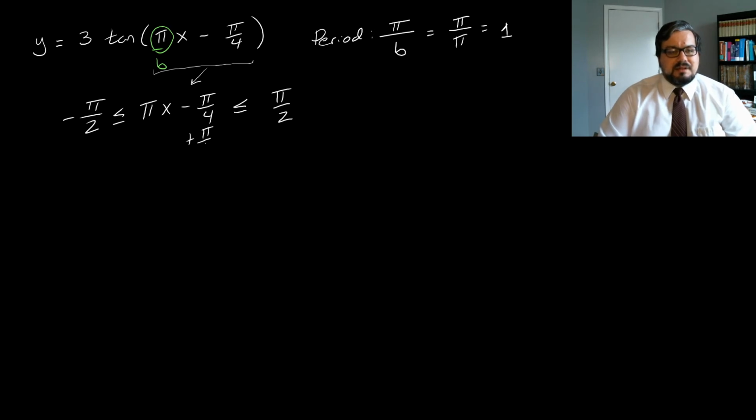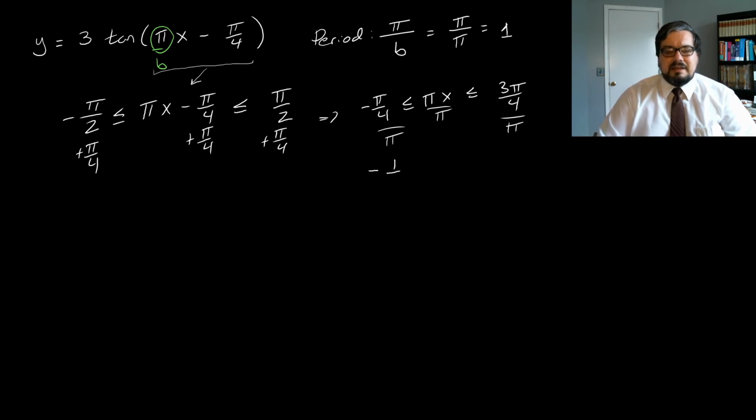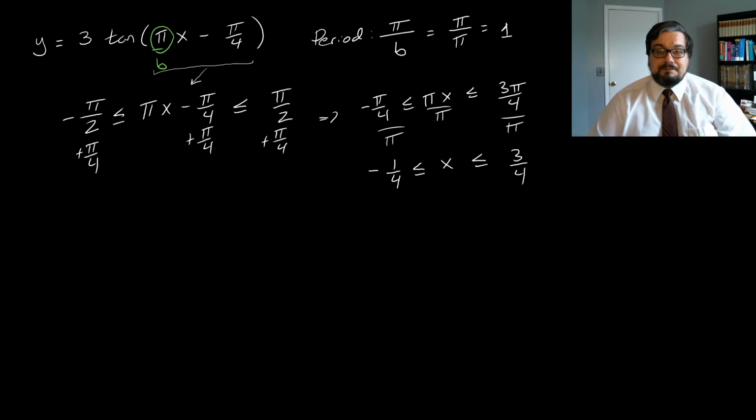So let's add pi over 4 to both sides, and we'll get that negative pi over 4 is less than or equal to pi x is less than or equal to 3 pi over 4. Now we'll divide everything by pi to get x by itself, and get negative 1/4 is less than or equal to x is less than or equal to 3/4.